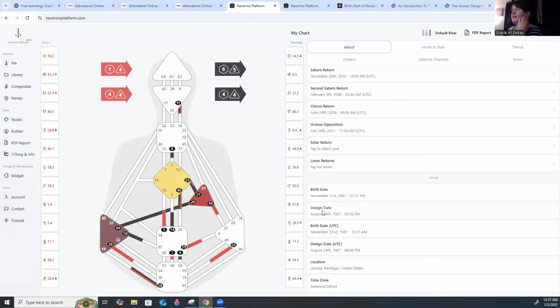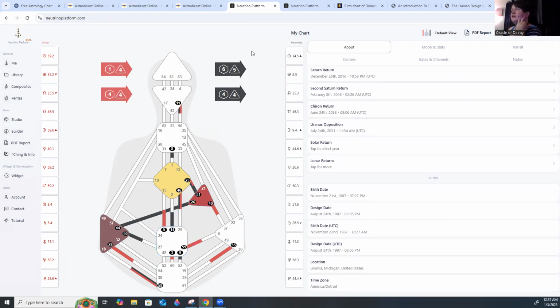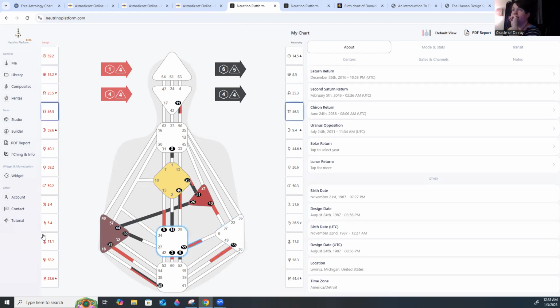So your design date is taken when the sun was 88 degrees before you were born. So 88 degrees before my exact birth time was on August 24th, 1987 at 3:56 a.m. or 3:56 p.m. So everyone has two birth charts. My second birth chart is from August 24th, 87, and that's represented here.